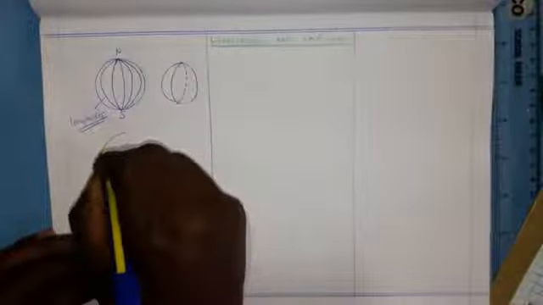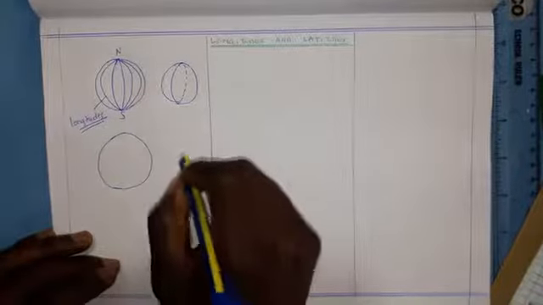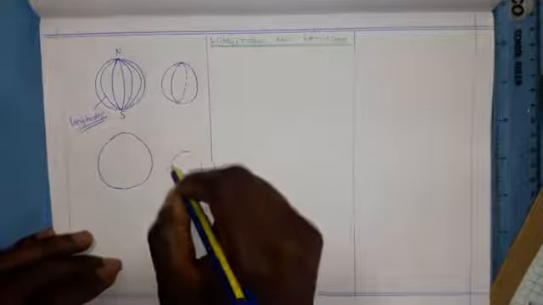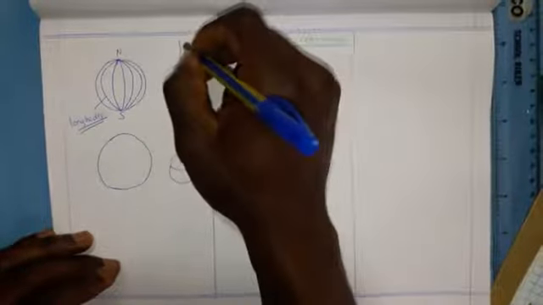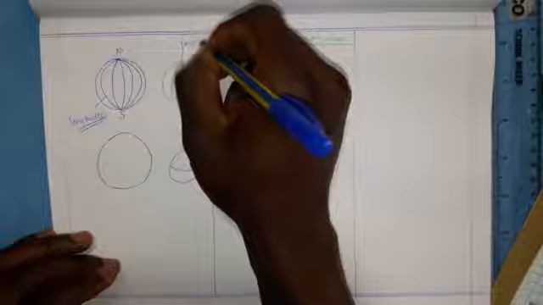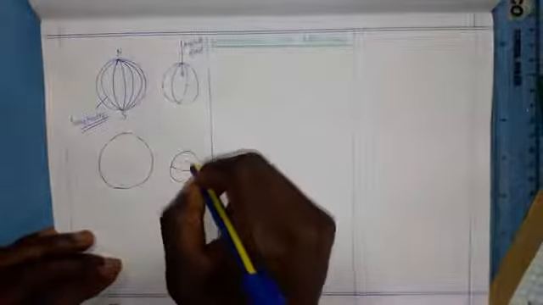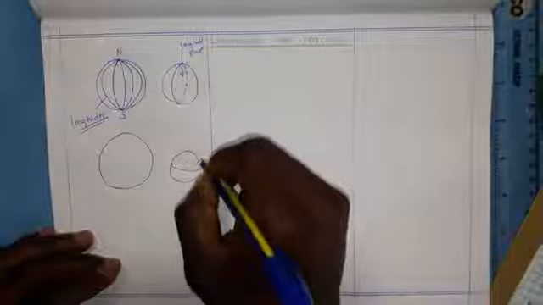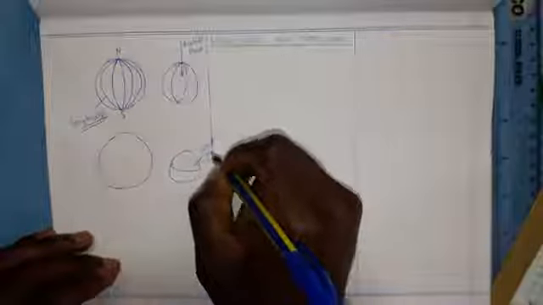And latitudes follow the latitude plane. We have another diagram there. So this is the latitude plane. This is what we term as the longitude plane, and this one here is the latitude plane.